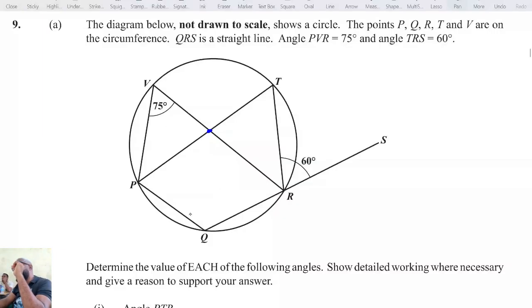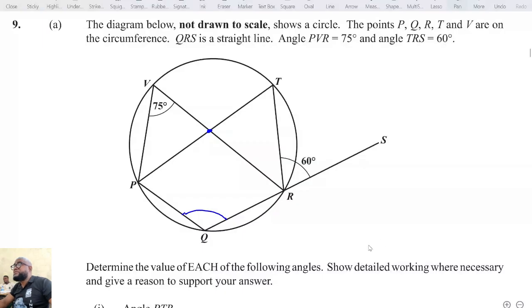You see that 75 and this angle here? They are opposite angles in a cyclic quadrilateral, so they add up to 180. But they said this angle here is 60. That's all we know.